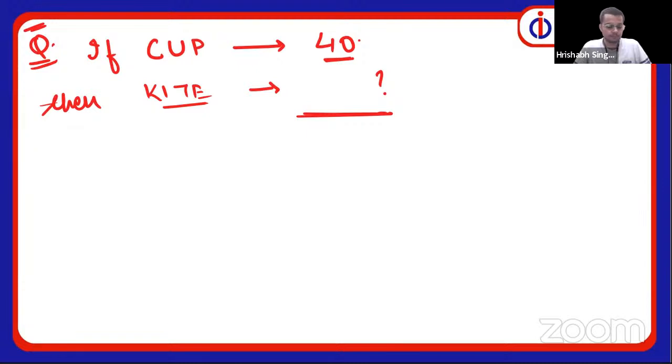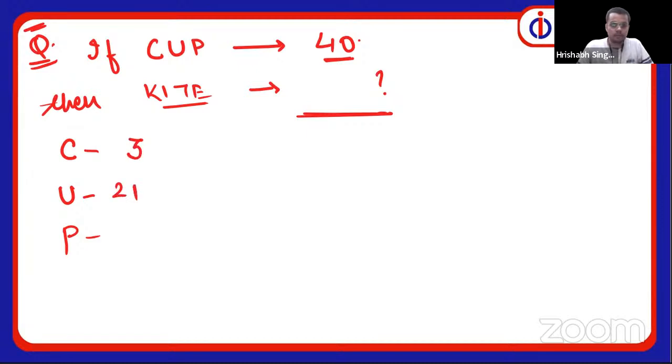Okay, let's do it then. C-U-P. The position of C in the alphabet is 3.